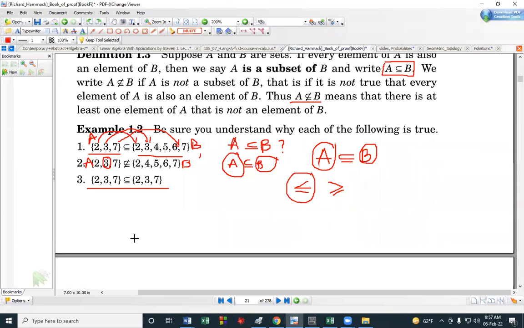So what should be the idea of equality of two sets then? If A is contained in B, or if each element of A is an element of B, and at the same time each element of B is an element of A, these two conditions imply what? Tell me. The sets are equal.